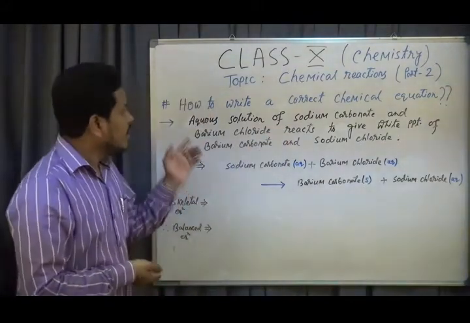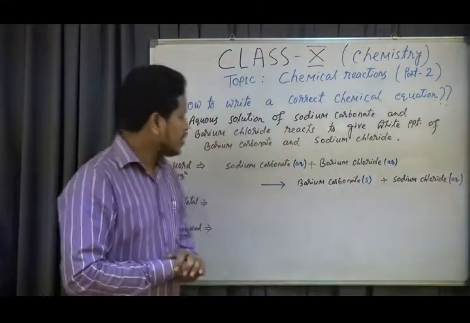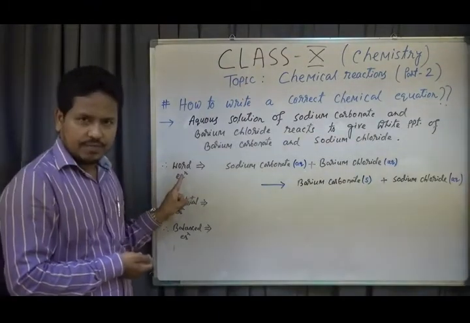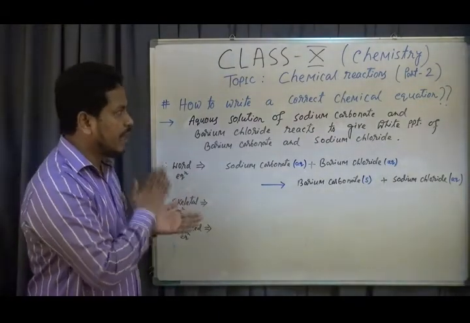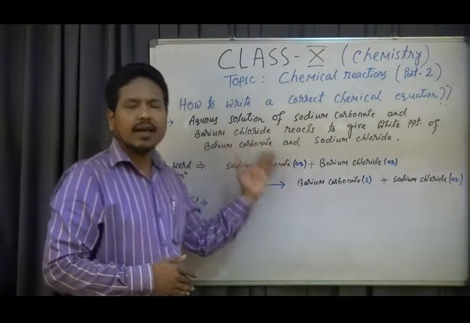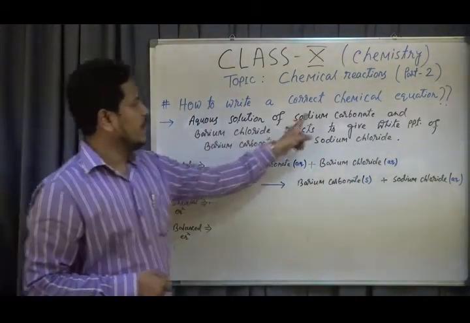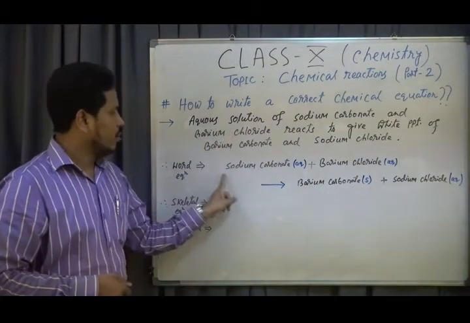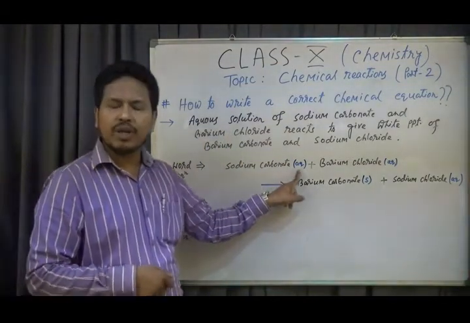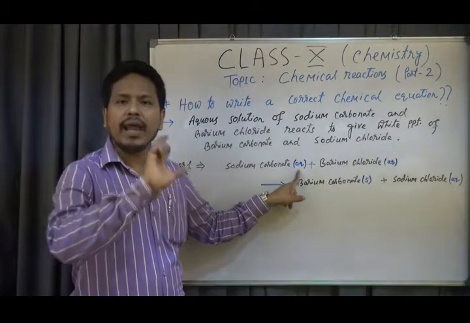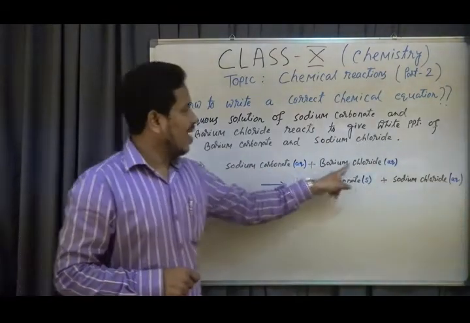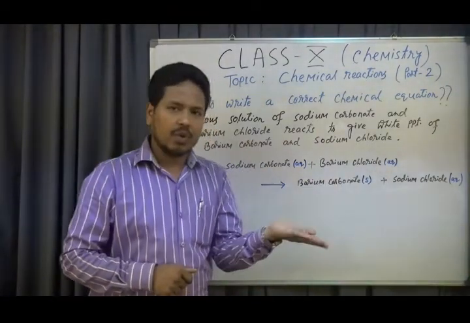So look at this. This is the chemical reaction. So first of all, what to do? Word equation. Means in words, we have to mention which are the reactants and which are the products in this reaction. Look at this. The reactants are sodium carbonate and barium chloride. Sodium carbonate aqueous solution, means sodium carbonate dissolved in water to make an aqueous solution. Barium chloride aqueous solution, another aqueous solution.